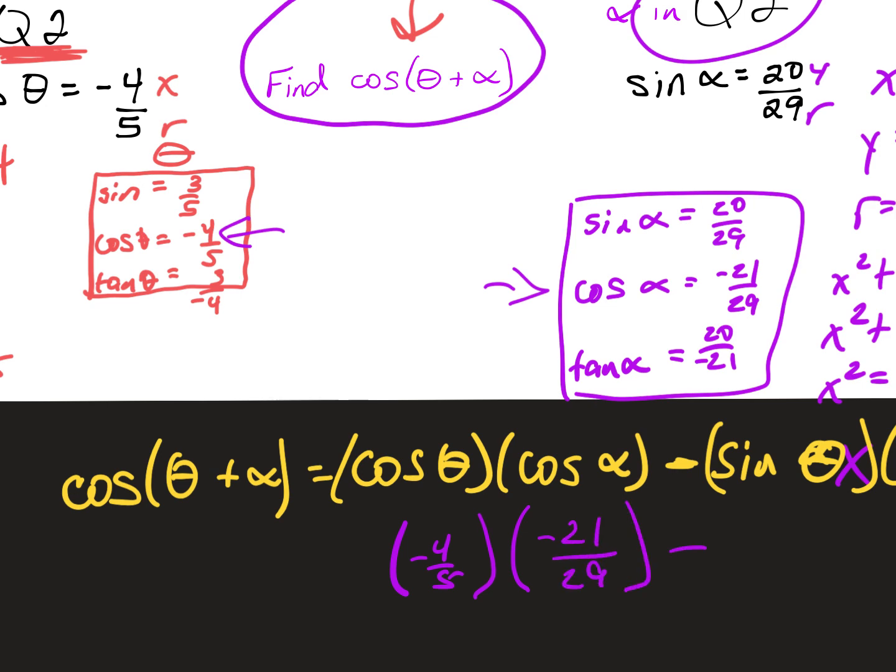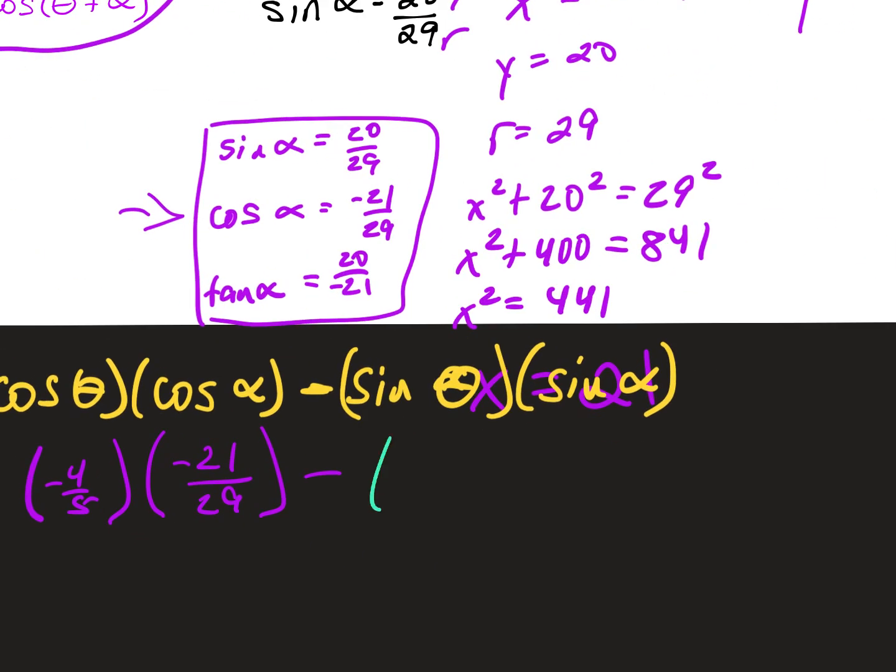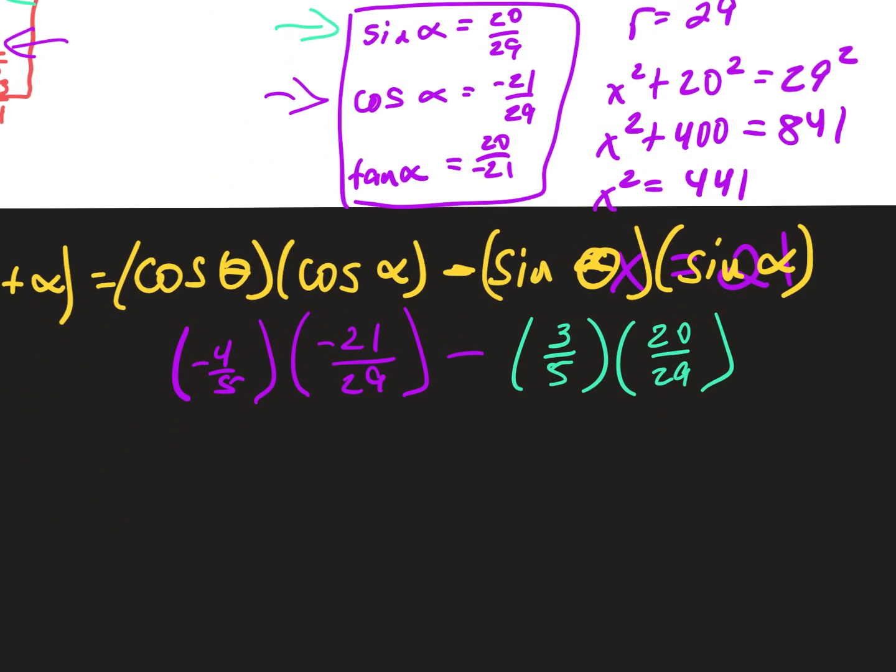All right, minus, you guys are going to be able to use a calculator tomorrow, so make sure we know how to use it. What is the sine of theta? It's right there. 3 over 5. And then I have the sine of alpha is 20 over 29. Questions?